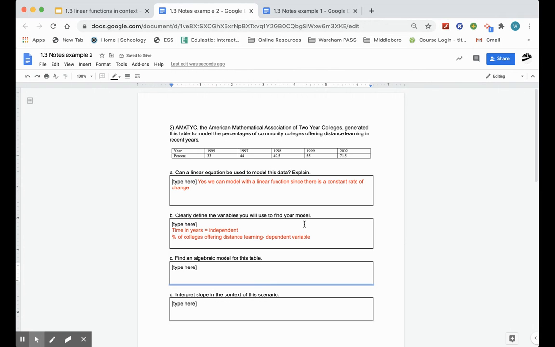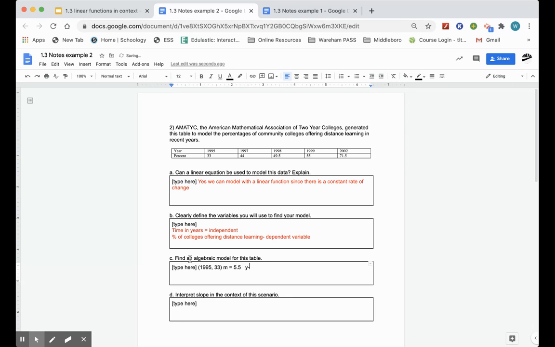Okay, so to find an algebraic model, we've got to find our slope, and then we can write this in point slope form. We have our slope, it's 5.5. If you remember, it's y minus the y you know, and I'm going to use the point 1995, comma 33, and my m is 5.5.